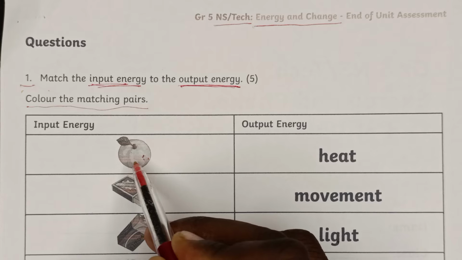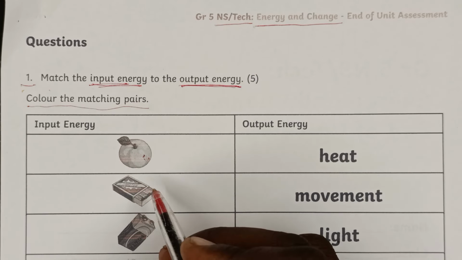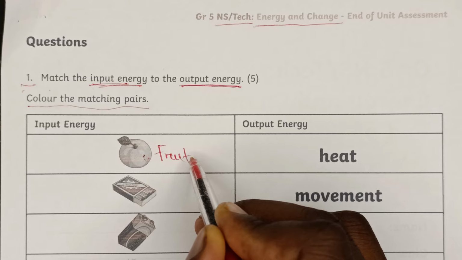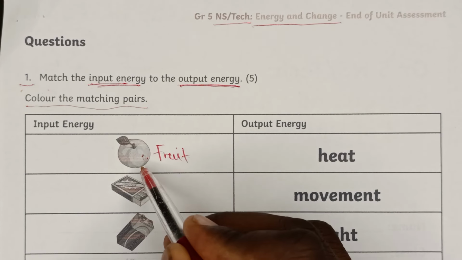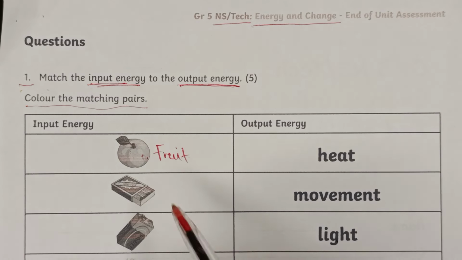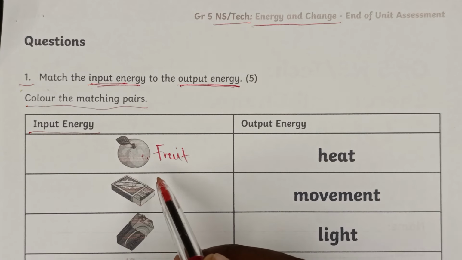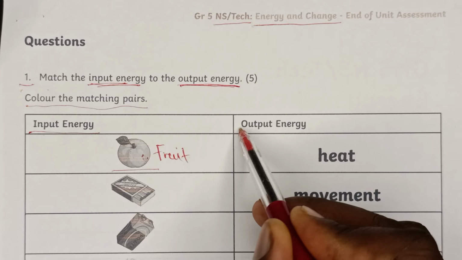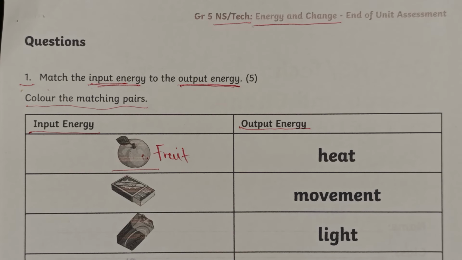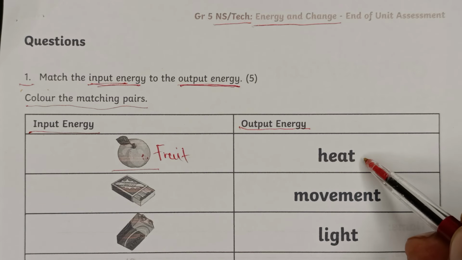The first input energy here, I think it's a fruit. I don't know what kind of fruit it could be, it could be an apple, it could be a pear, but it is a fruit. So this is an input energy, a fruit. When you eat a fruit, what kind of output energy do we expect? When you eat a fruit, you get energy. Do you get hot?